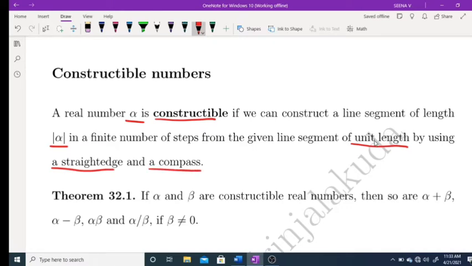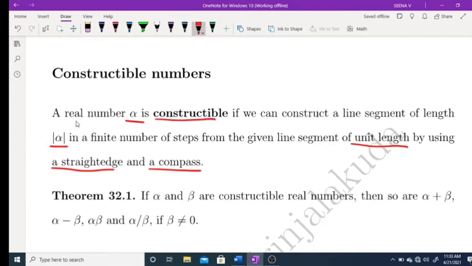If you are given a scale, a compass, and a unit length, and it is possible to construct a line segment of length mod alpha, then we call the number alpha constructible.